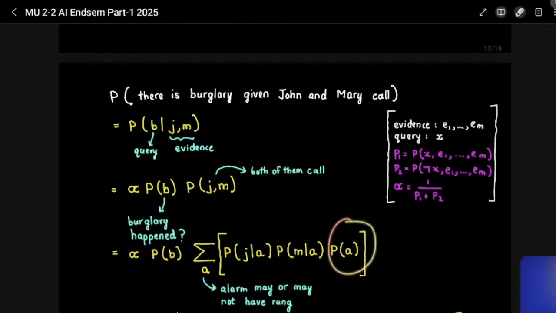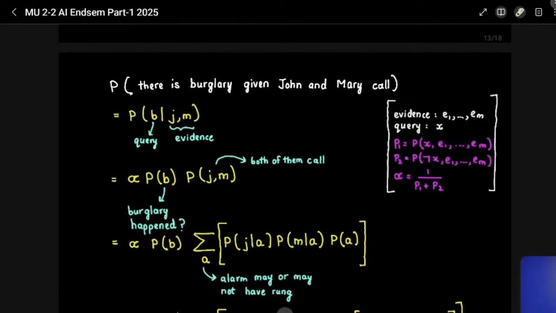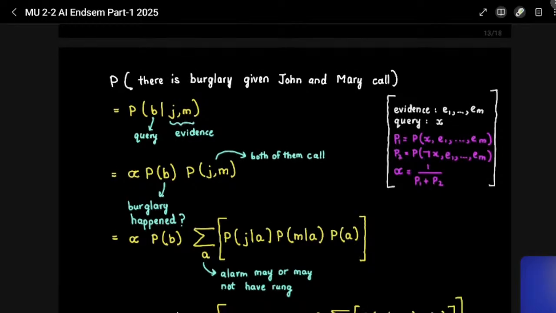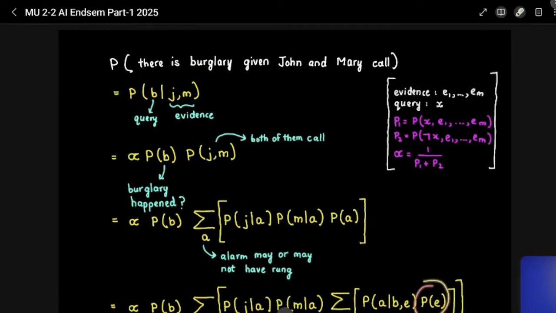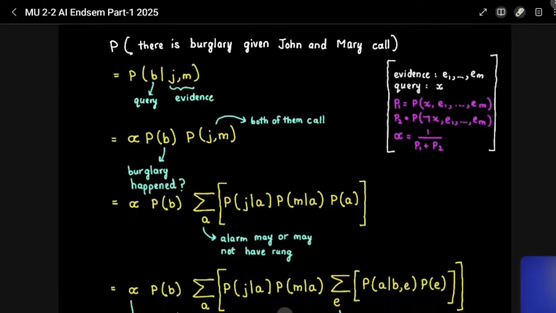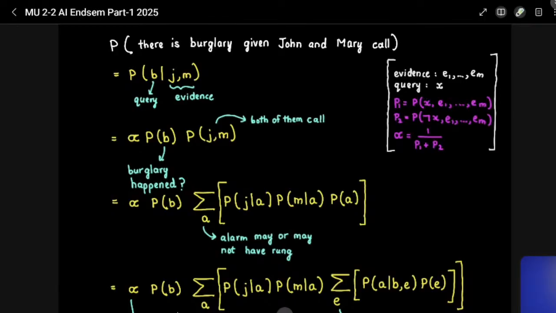So finally you're going to expand the probability of alarm as well. The probability of alarm is dependent on burglary and earthquake. So you'll get probability of alarm given B and E multiplied with probability of E. Here you're not multiplying with probability of B because B is not changing, only E is changing.